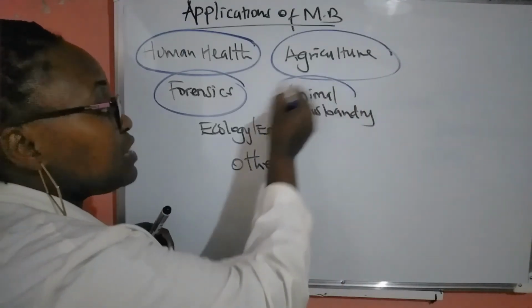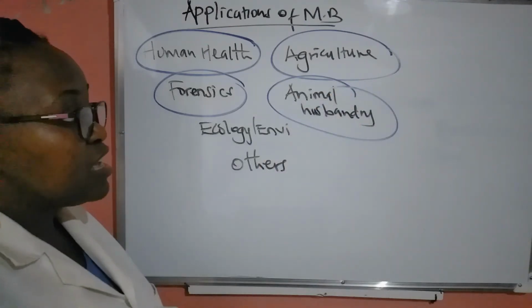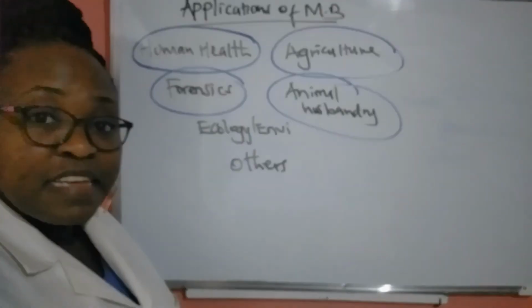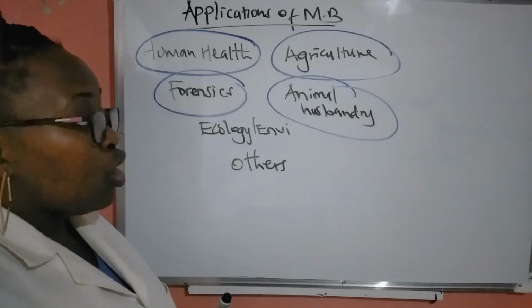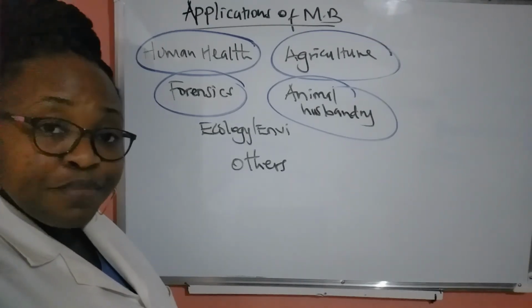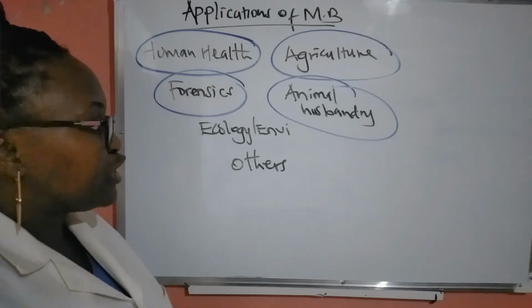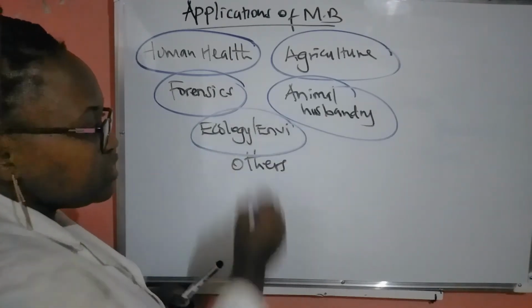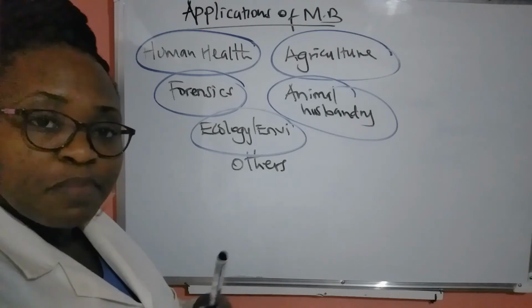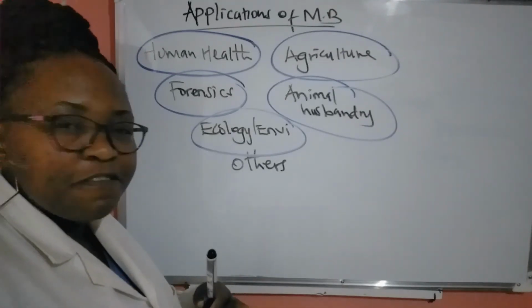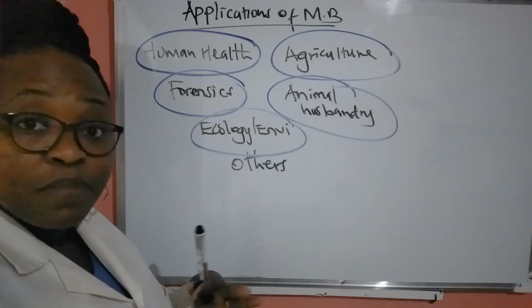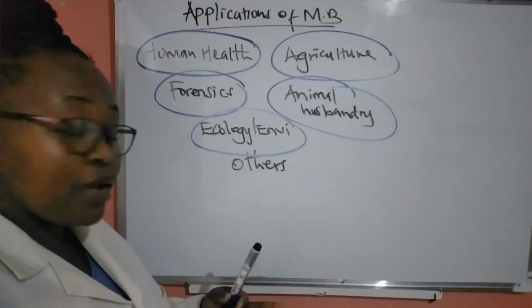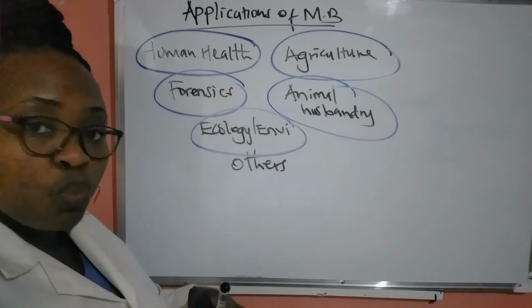It is also used in animal husbandry to genetically select genes that are good, also in breeding of animals, and in sex identification. In ecology, it is used in assessment of biodiversity, genetic variations, genetic drift, and also in management of waste, like some microorganisms can be used to digest waste.